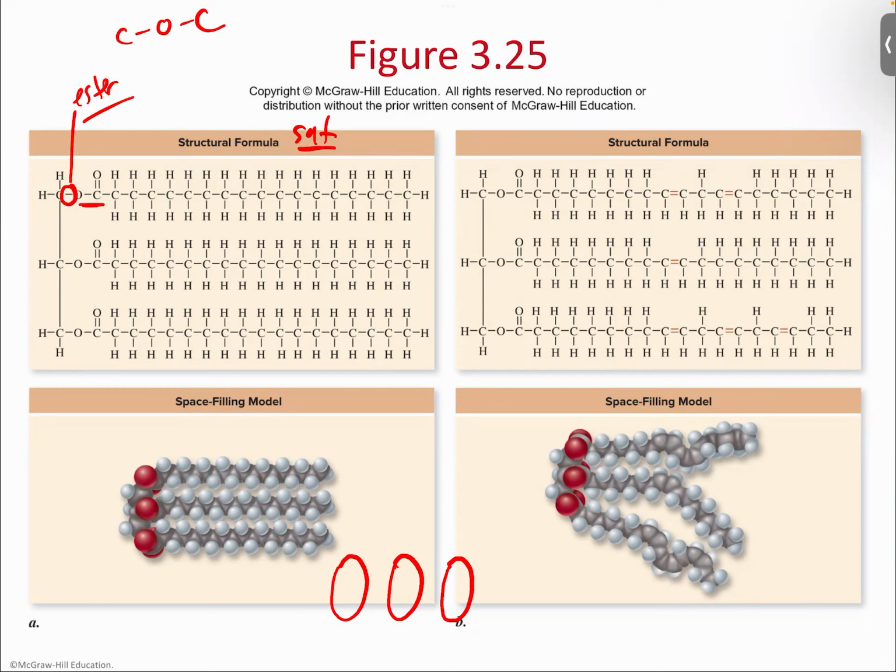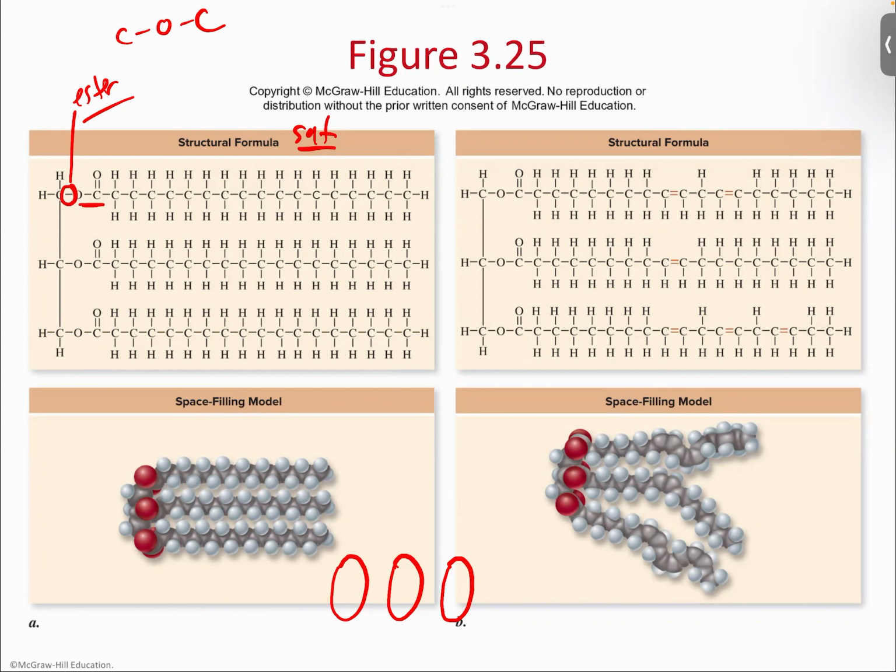Holding together proteins is the peptide bond, right? Holding together nucleotides is the phosphodiester bond. Holding together the fats, ester, right?